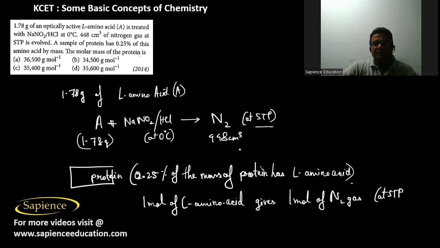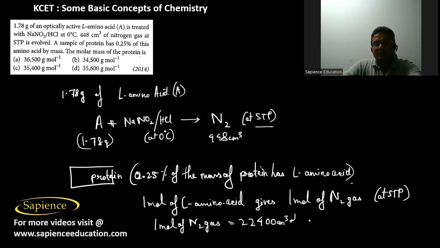Now 448 centimeter cube is how many moles of N2 gas, that we have to find. Since we know that 1 mole of an ideal gas, means 1 mole of N2 gas, will occupy 22,400 centimeter cube at STP.